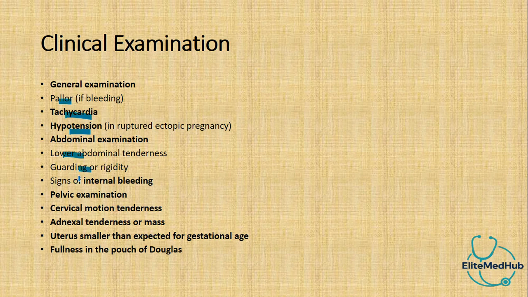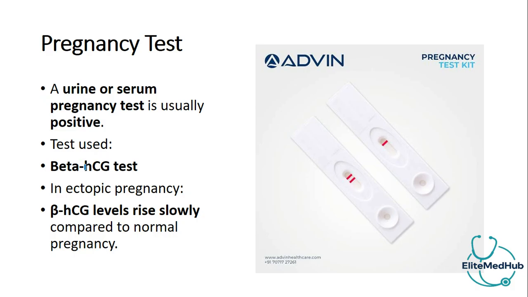Pelvic examination should show cervical motion tenderness, adnexal tenderness or mass. The uterus usually appears smaller than expected for the gestational age, and you should expect to find fullness in the pouch of Douglas. So you do a pregnancy test.